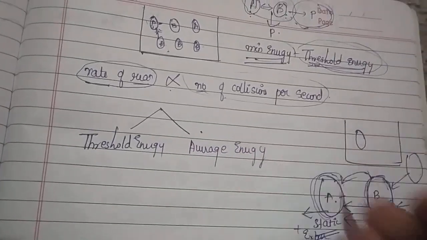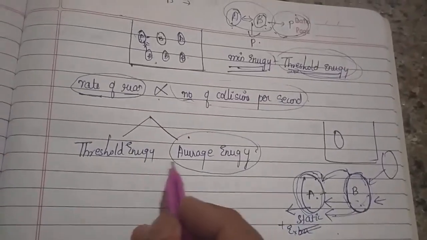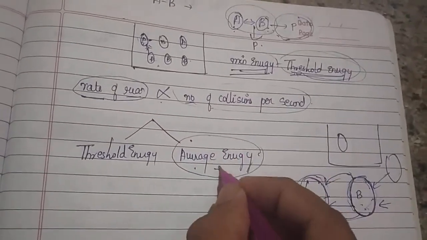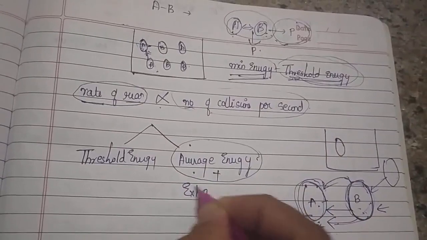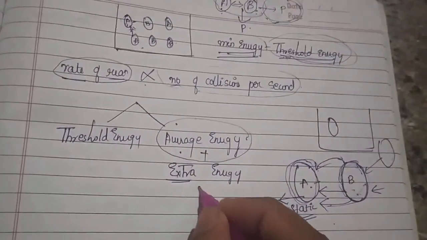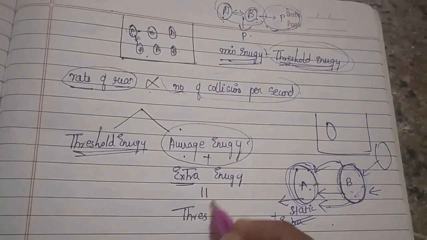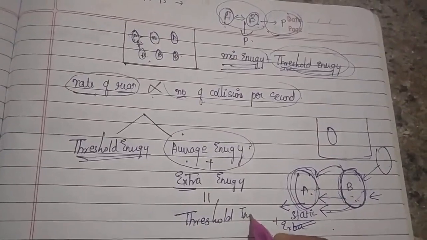Of course, what happens? These average energy molecules will try to acquire some extra energy to get the threshold energy.